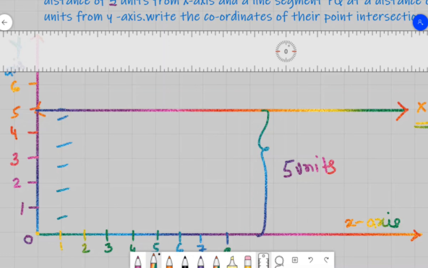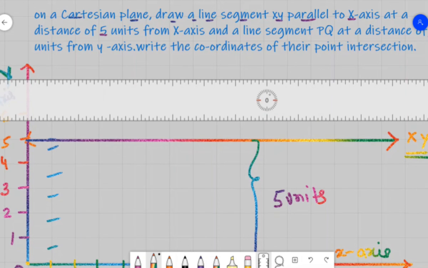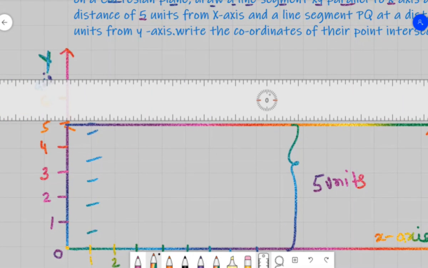Now let us see the next point. What is the next point? xy parallel to x-axis at a distance of 5 units from x-axis, and a line PQ at a distance of 3 units from y-axis. See, where is your y-axis?